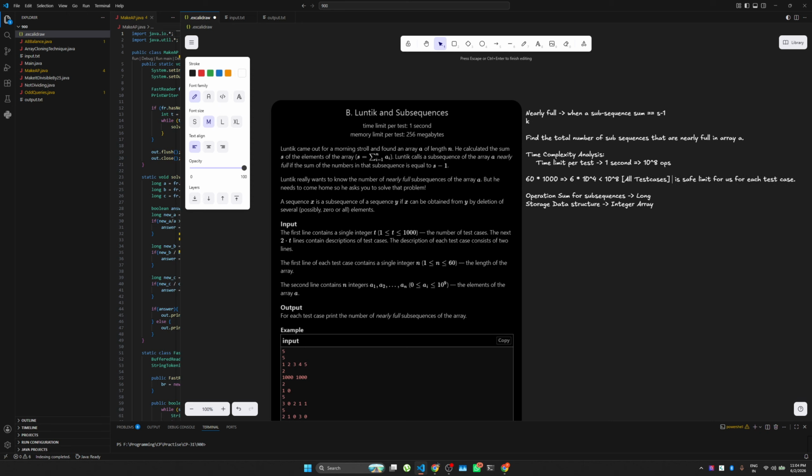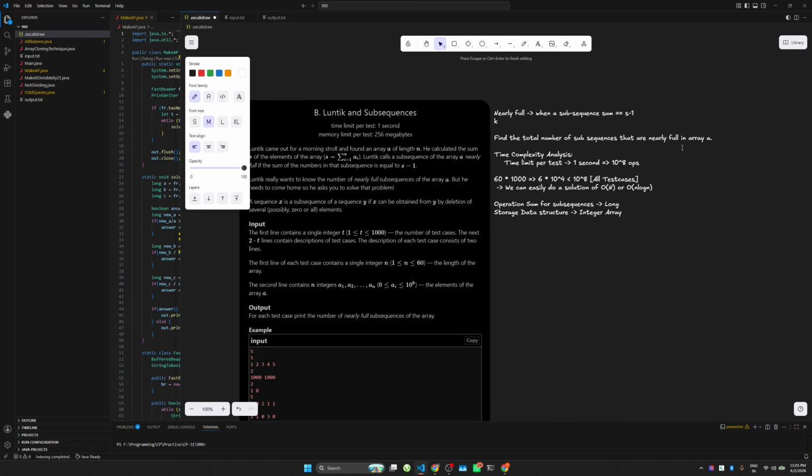So I think we can safely say this implies we can easily do a solution of O(n) or O(n log n). So that is the complete reasoning.